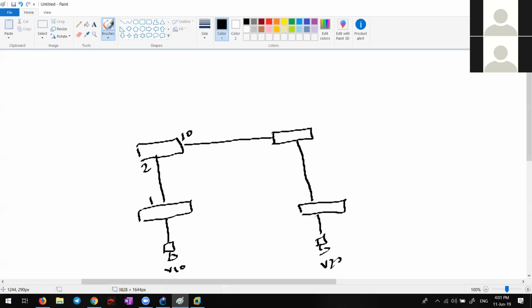Here VLAN 10 is the native VLAN. Here VLAN 20 is the native VLAN. Will it communicate or not in this case? Think and tell. Think, follow the packet flow.